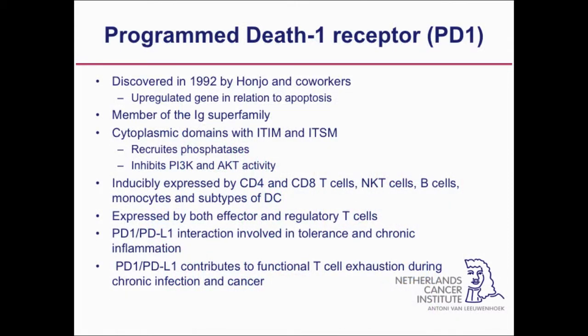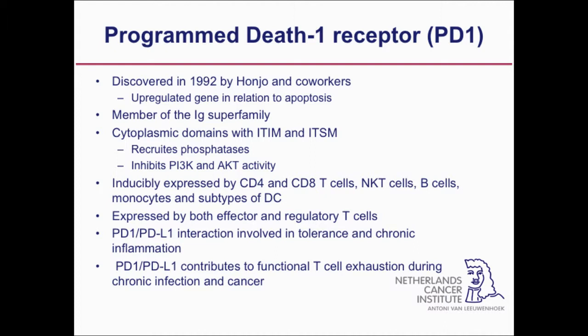PD1 was discovered in 1992 by Honjo and co-workers as an upregulated gene in relation to apoptosis. It's a member of the immunoglobulin superfamily, like I said, with a cytoplasmic domain which has an inhibitory function. It's inducibly expressed by CD4 and CD8 T cells, but also in NK cells, B cells, monocytes, and subtypes of DC.